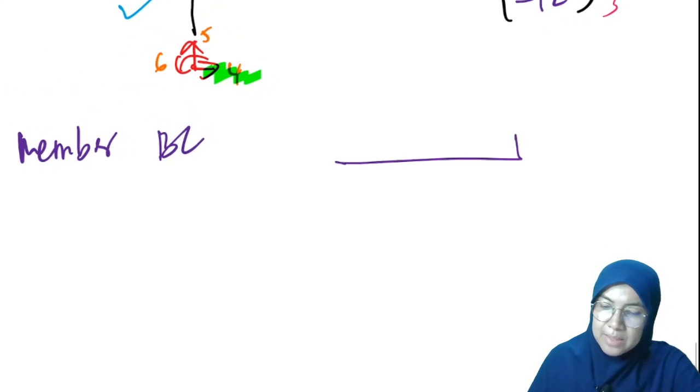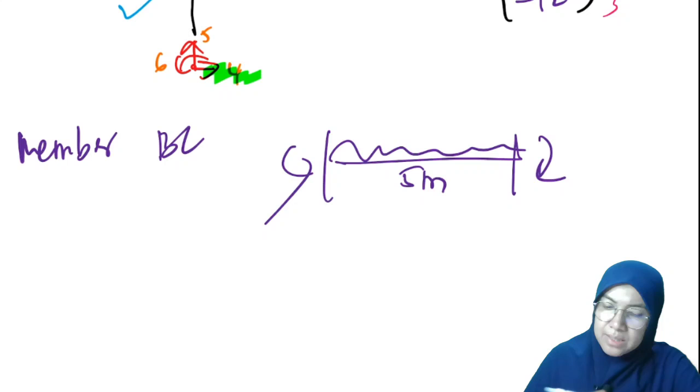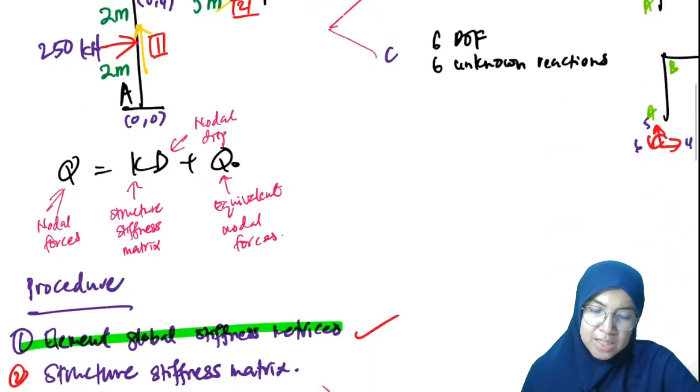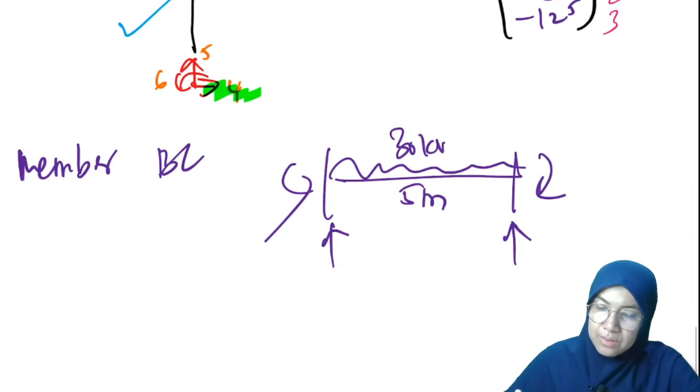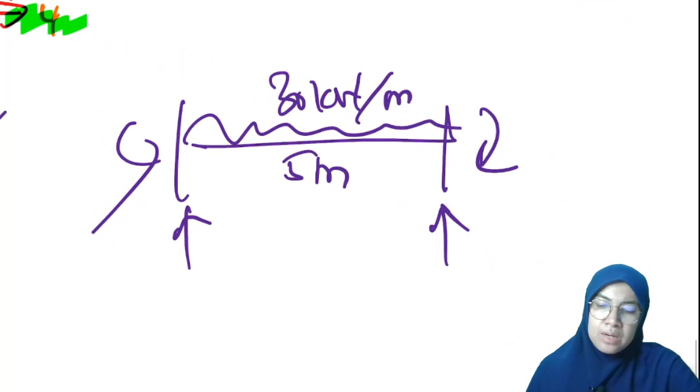The diagram is like this, 5 meter, with the moment acting like this and the vertical force acting like this. The value is 30 kilonewton per meter.